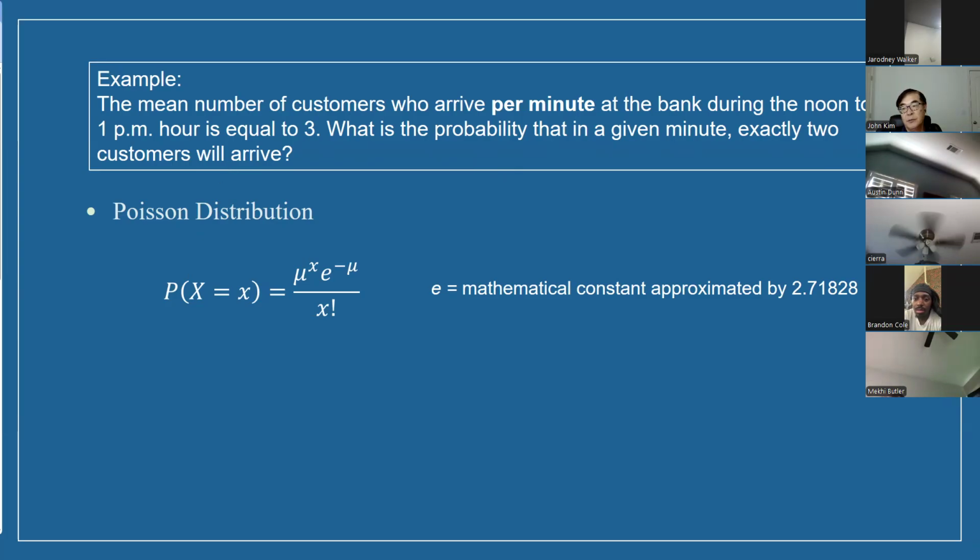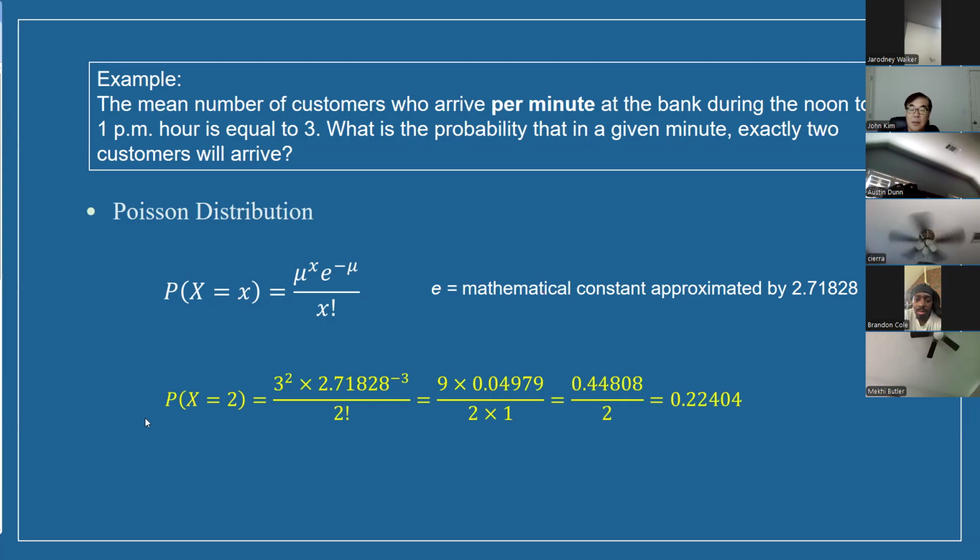So to find probability using the Poisson distribution, P(X = x) equals mu to the power x, times e to the power minus mu, divided by x factorial. Here mu is given, the average or mean, and e is the natural number, 2.71828. For this example, x equals 2, mu is 3.